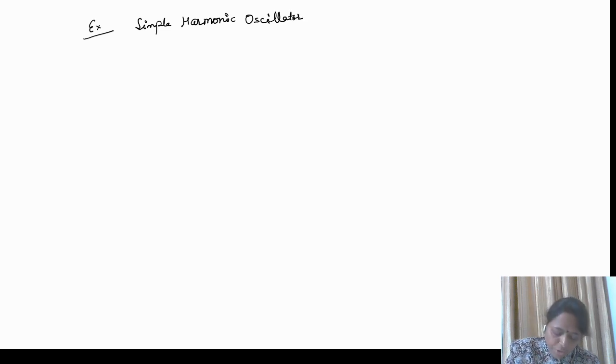For the simple harmonic oscillator, I know that H is given by P square upon 2m plus half m omega square q square. Right? This is the Hamiltonian. Now what is my purpose? My purpose, number one, the final purpose is to find the Q and P transform.